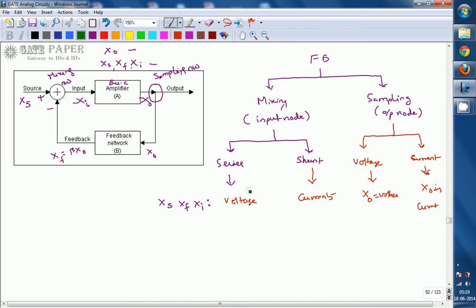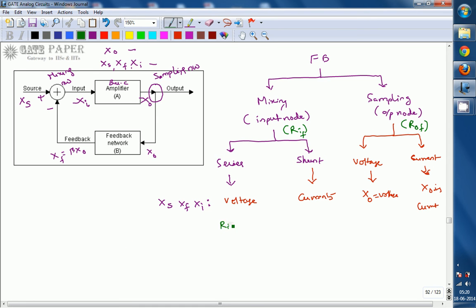In series mixing, the input side mixing is related to the input node, which decides RIF, that is, the input impedance with feedback. And the sampling network depends on the output node, so it specifies R0F, the output resistance or output impedance with feedback.